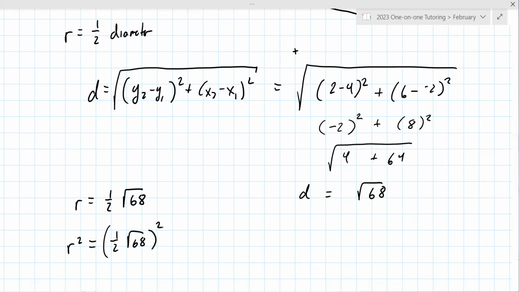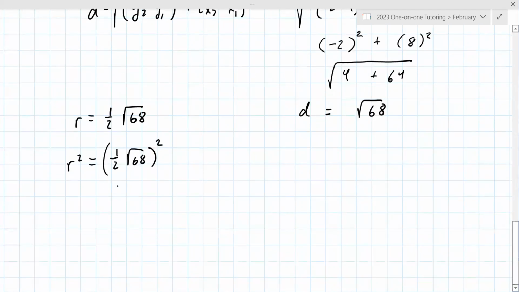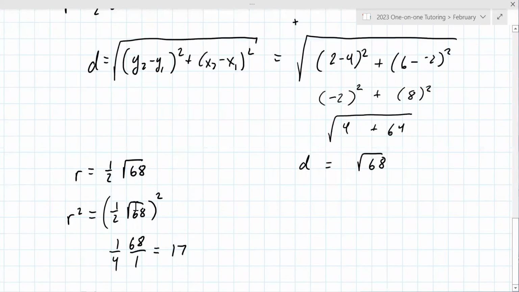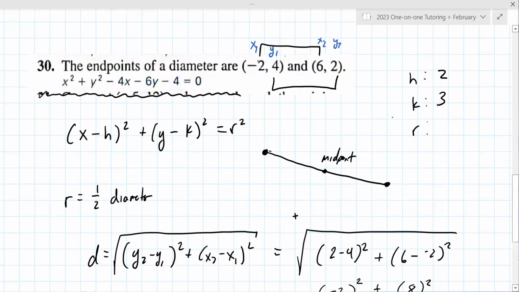So 1/2 squared is 1/4 times 68, and this becomes 17. We needed that because we really don't need r, we need r squared. So we can write r squared as 17. We now have everything we need for this equation.